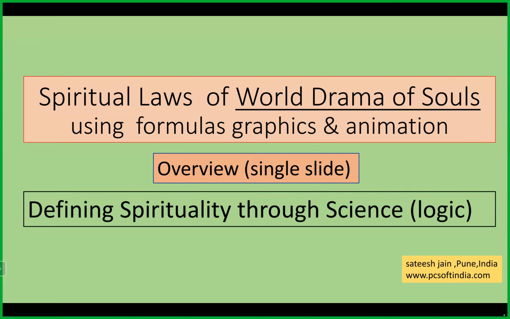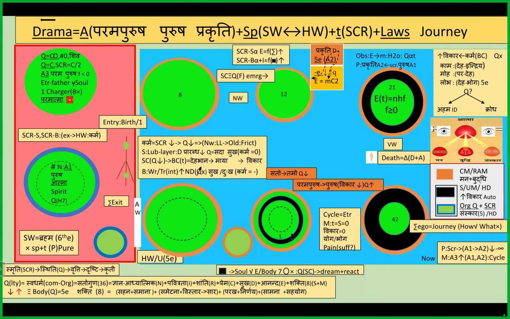This is only the world cycle, you can say, the knowledge. So that's why I said overview single slide. Otherwise, this would be long. This is a shortcut. I am not going to go out of this one slide. That is the objective.